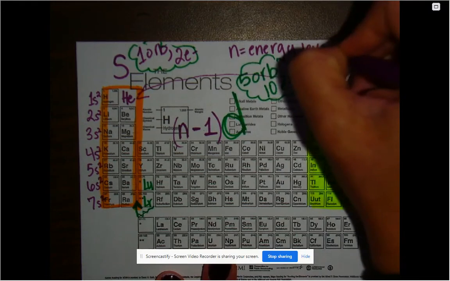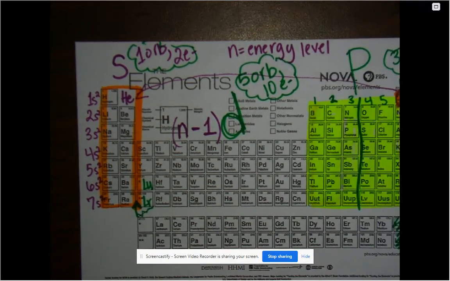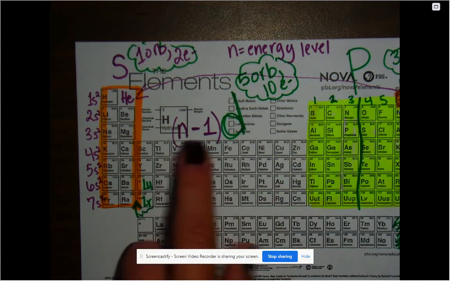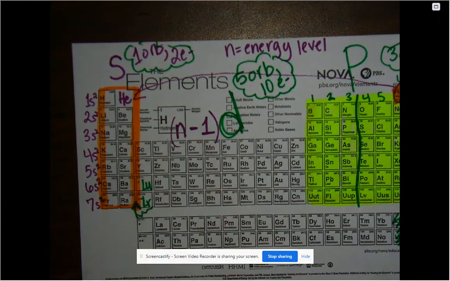It's a notation that chemists use when we're talking about energy levels. It's N, just like that ZEF thing that you saw, effective nuclear charge. The Z is your nuclear charge or the number of protons. So same thing, N is your energy levels. Okay, so we always go back 1. So if you look at where D sublevel starts, it's on row what?